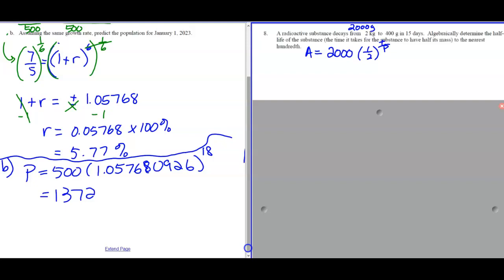So it says, in this case, that in 15 days it goes from 2,000 to 400. So now I can put 400 in for my amount after 15 days. Okay? 15 is not the half-life, so it goes in the numerator, not the denominator.